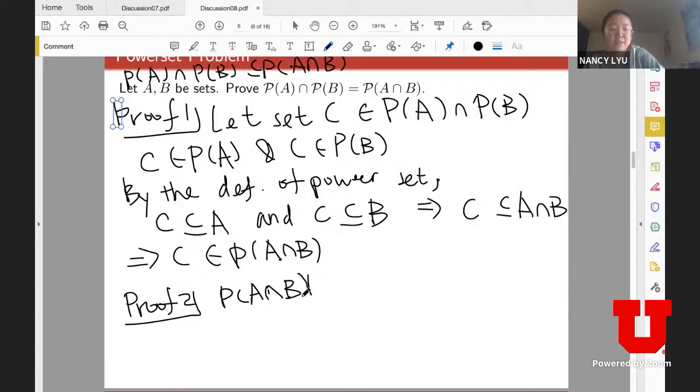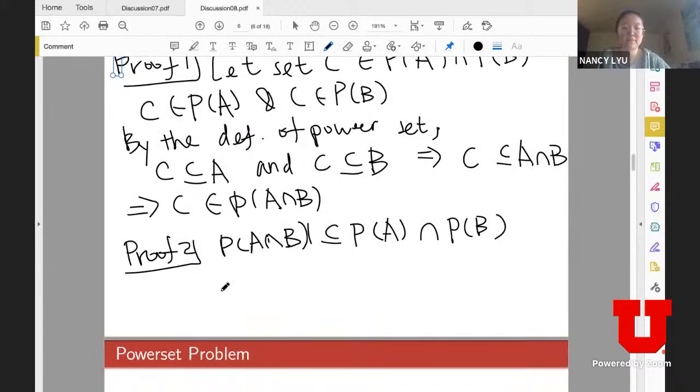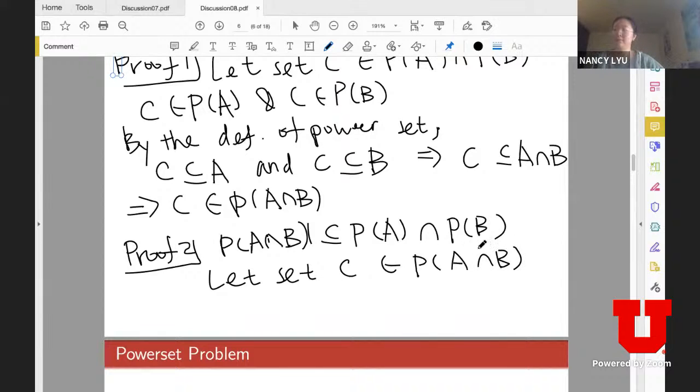Proof 2, we want to show that the power set of A intersect B is a subset of the power set A intersect the power set of B. So this time we let the set C belong to the power set of A intersect B, which means C is a subset of A intersect B. If C is a subset of A intersect B, which means C must be in A and also in B as well.